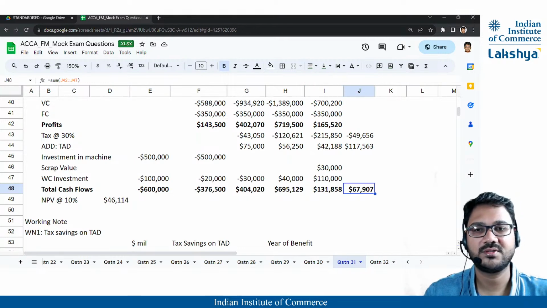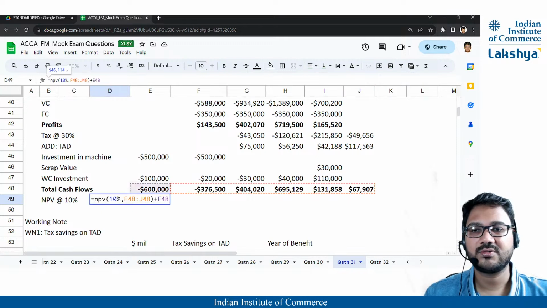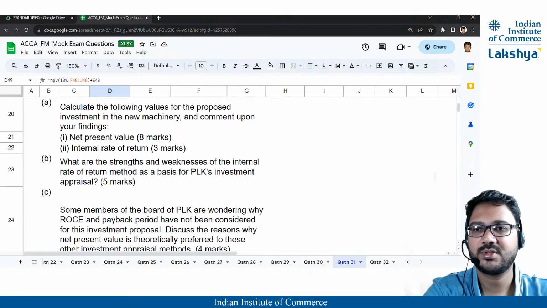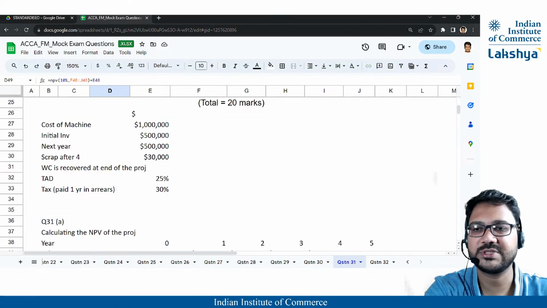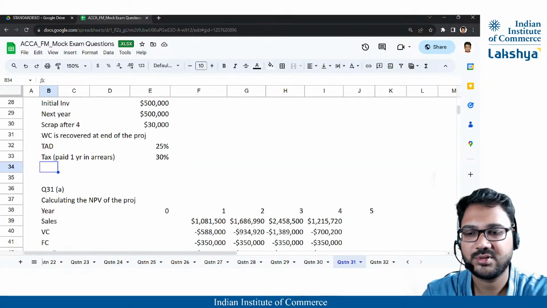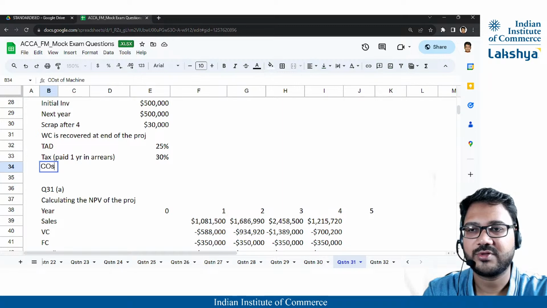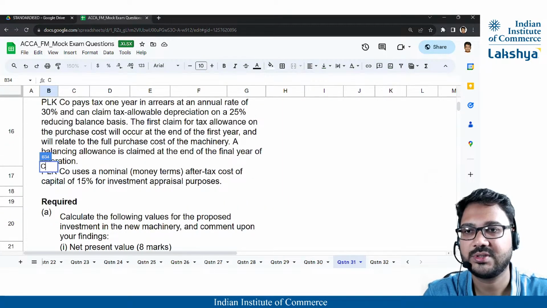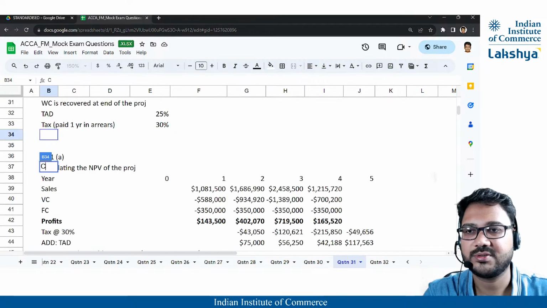Okay. Have we done the discount? Yeah, 10% discounting. Sorry, what was our discounting rate was 15%, not 10%. I don't know, again, I missed writing it out. Cost of capital. Okay, what was this?